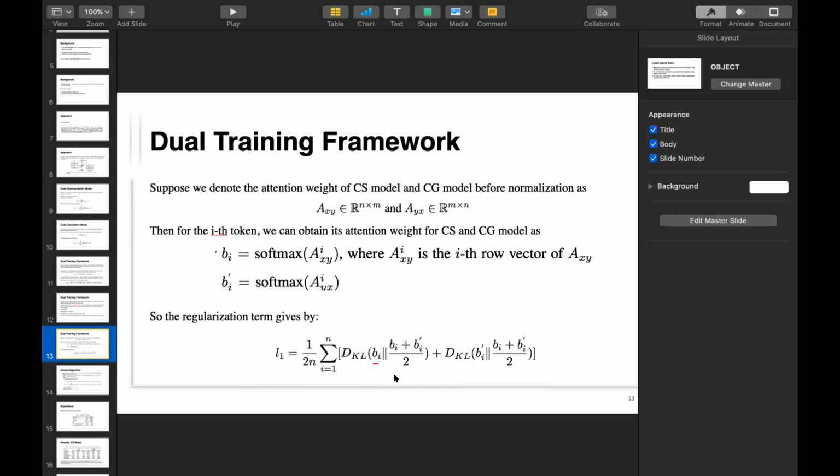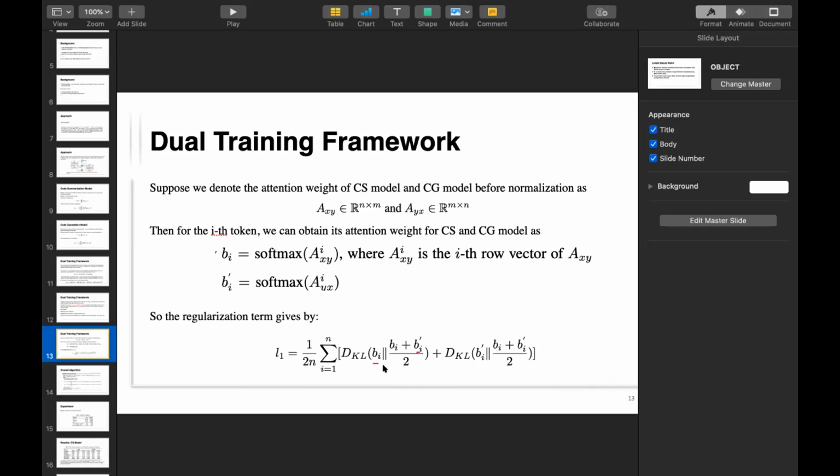probability of token I. And how do you assume BI prime? BI prime is the... So it takes the average of BI and BI prime to get the average of the distribution.